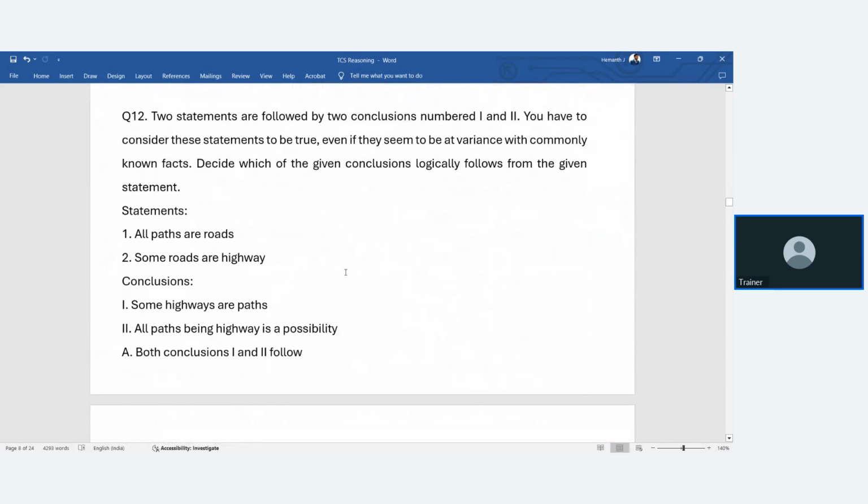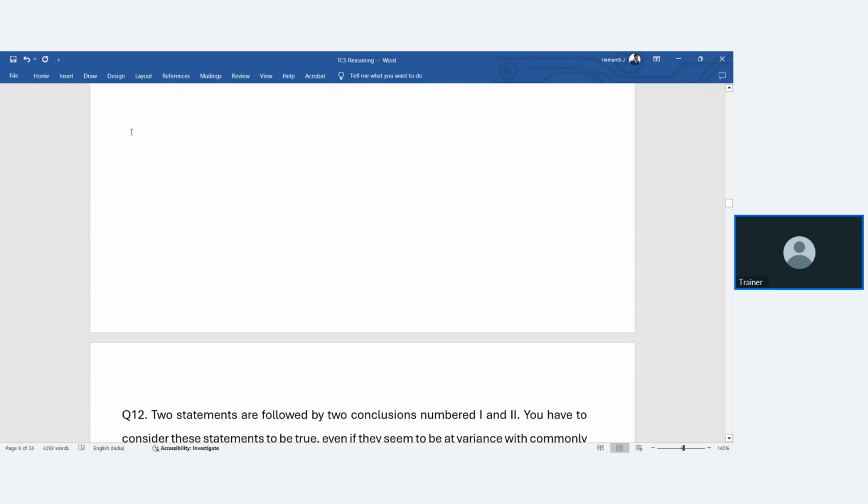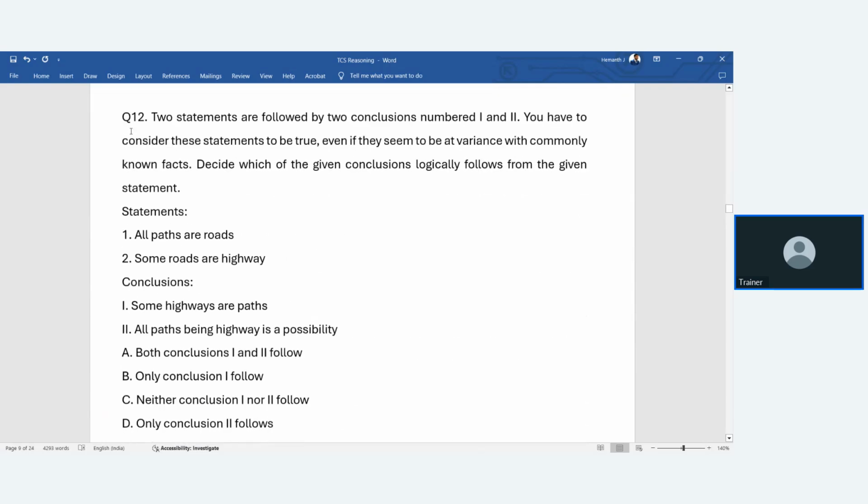The 12th one. Again, a statements and conclusions related question. Good question. Have a look at this 12th one. Read the entire question, what they have given. Statements are mentioned, and you have to work on those statements. And guys, be clear, they use the word possibility. Now look into this question.